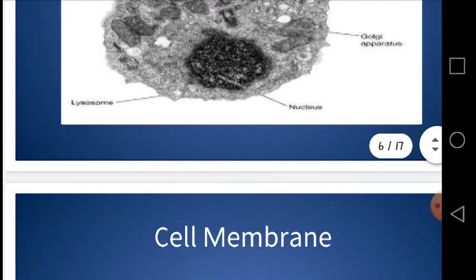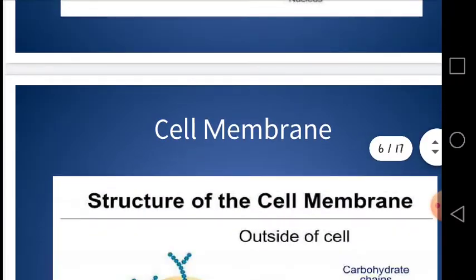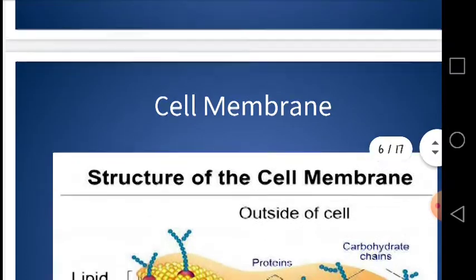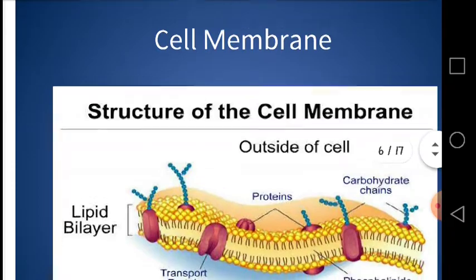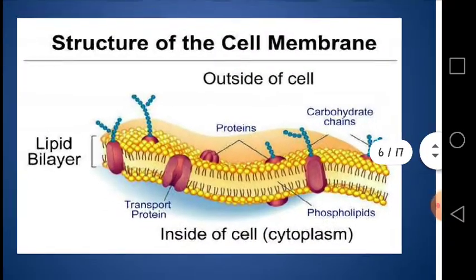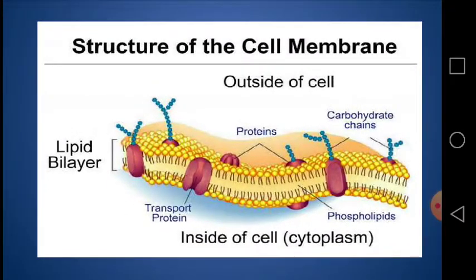Dear students, now we are focusing on the very important structure of the animal cells, which is also present in the plant cells, that is the cell membrane. Firstly, we are going to study the structure of the cell membrane, and then we will focus on the functions of the cell membrane.